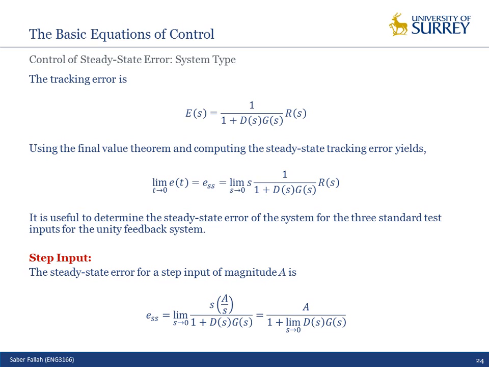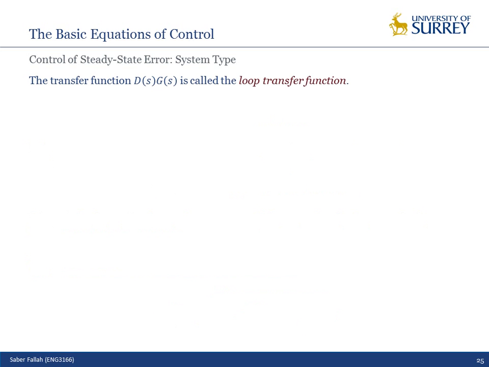I denote the limit of DG when s goes to 0 as Kp. So the transfer function DG is called the loop transfer function, and the shape of DG determines the steady state error.